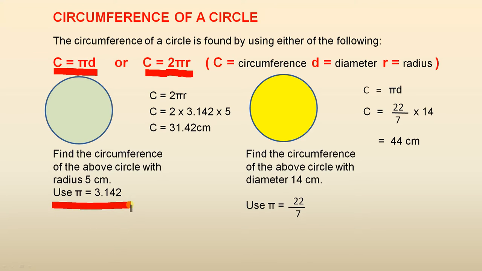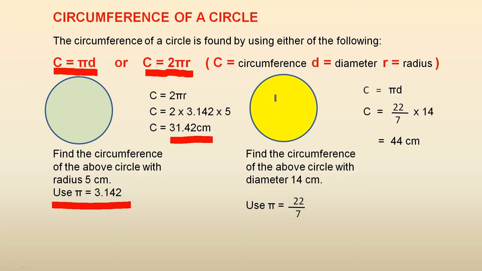Use pi equals 3.142. So if we use this formula here, because we're given the radius, C equals 2 pi r, C equals 2 times 3.142 times 5. Of course, the radius is 5. If you work that out, the circumference is 31.42 centimetres.